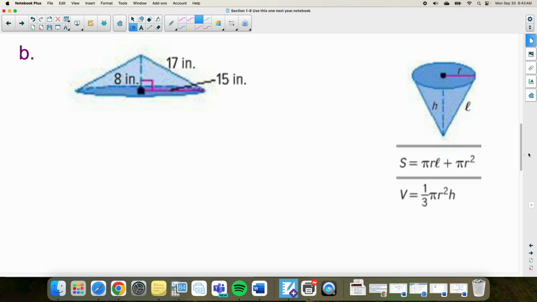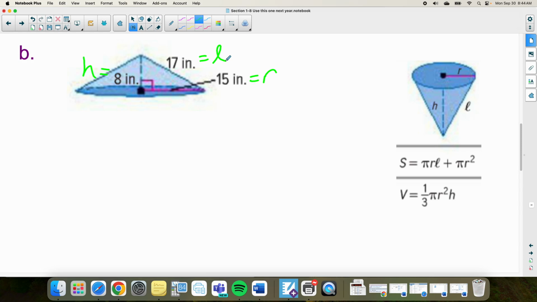This 15 is the radius of that circular base. Which one would be your normal height h, the 8 or the 17? 8, very good. And 17 is slanted, so that's your slant height.